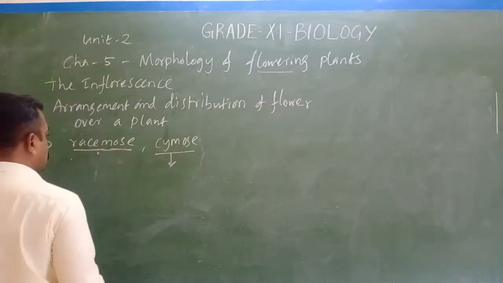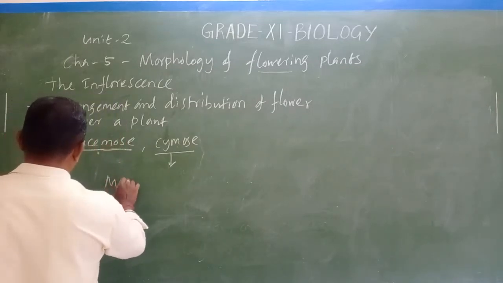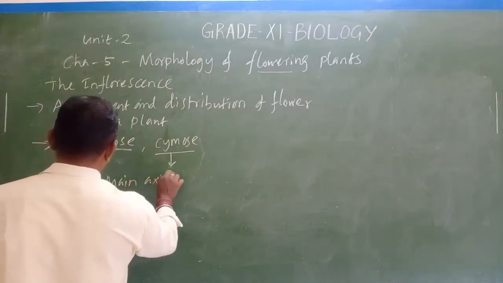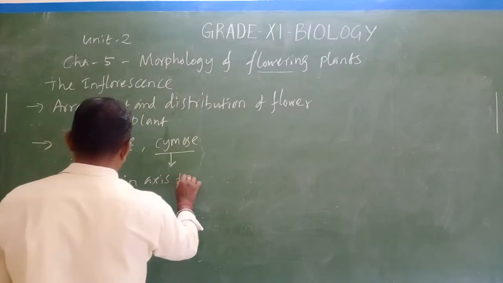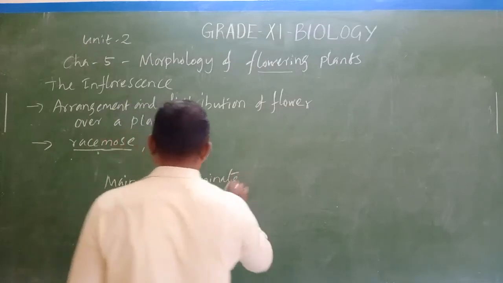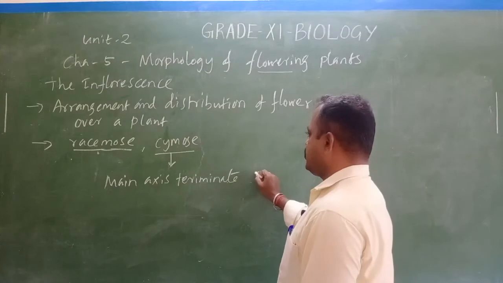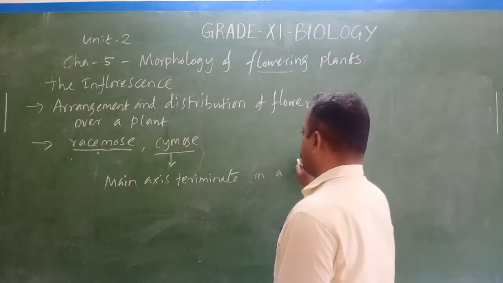Here also the flowers are arranged. In cymose, the main axis terminates in a flower.